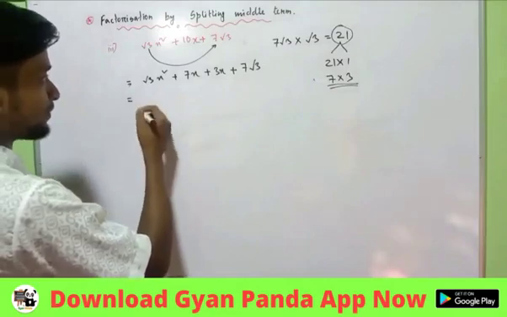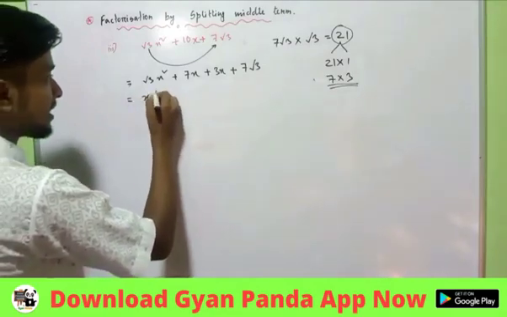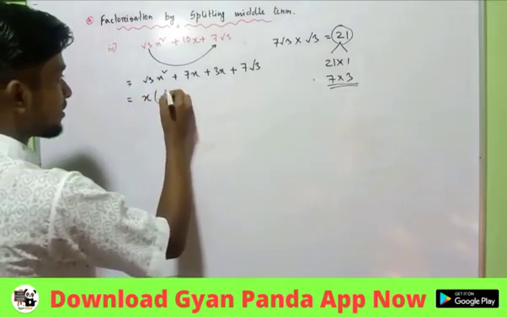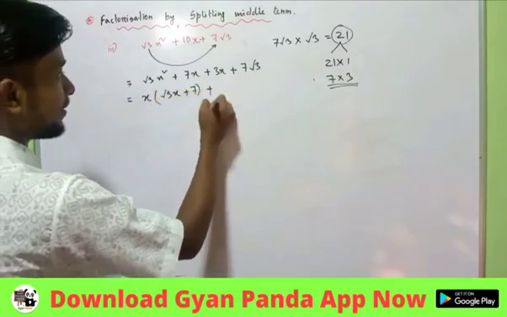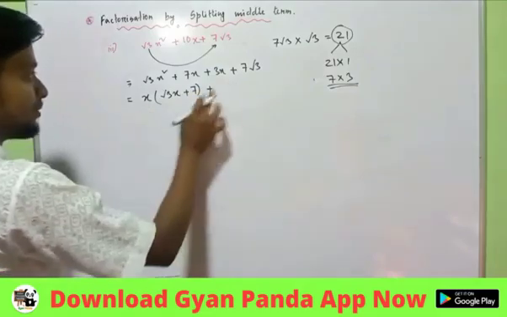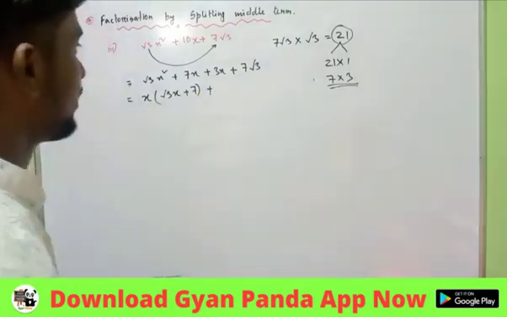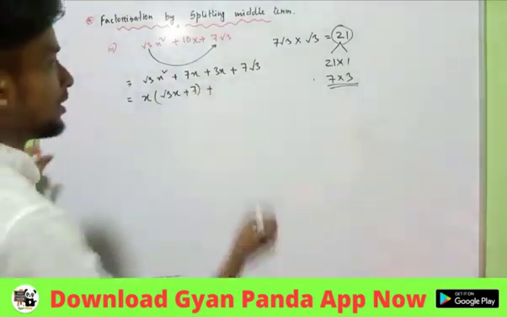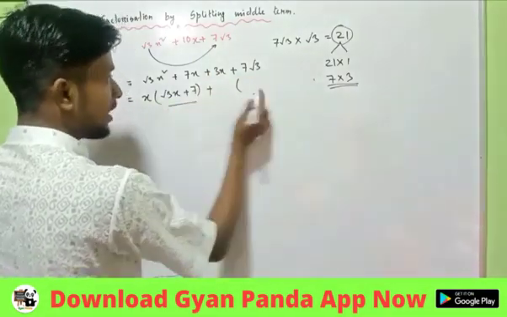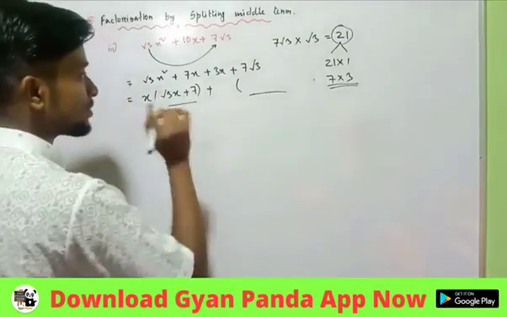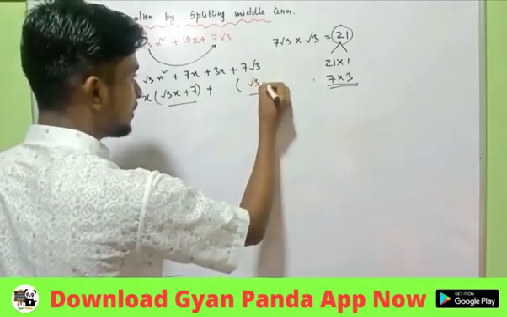If you take root 3x as common, then here it will be 7. Now how much do we have to take common? Always remember the terms here and here have to be the same. So first write down this term.